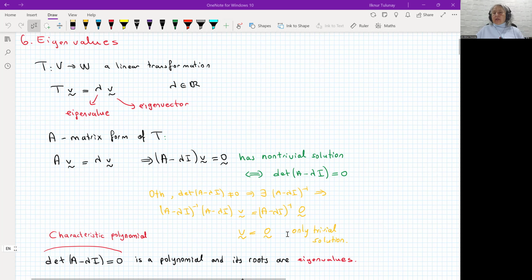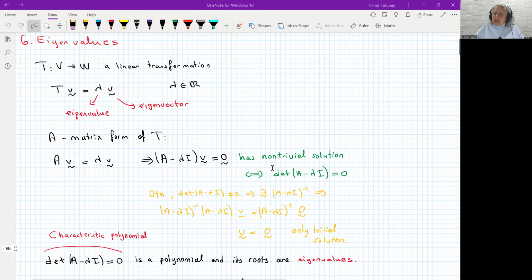So that's a trivial solution. So if the determinant is not equal to 0, it will be a trivial solution. This is pretty clear, or easy to see. Okay, so we realize that the equation has a non-trivial solution if and only if the determinant is equal to 0.